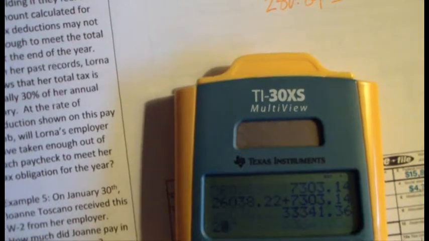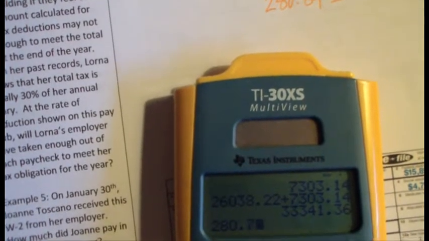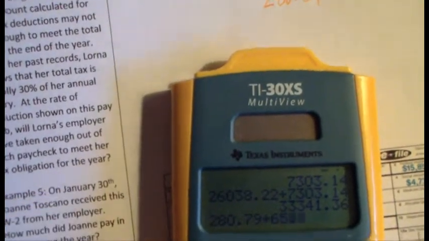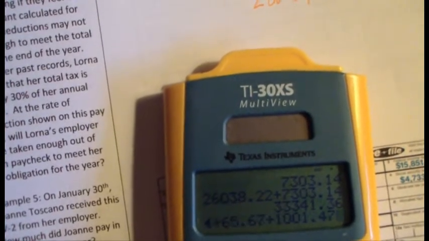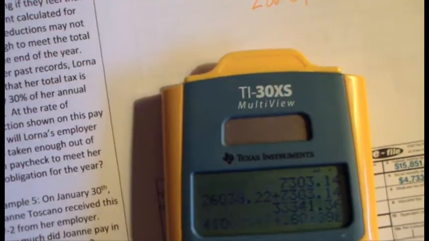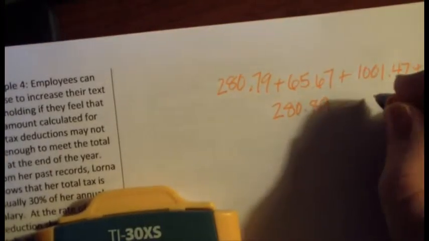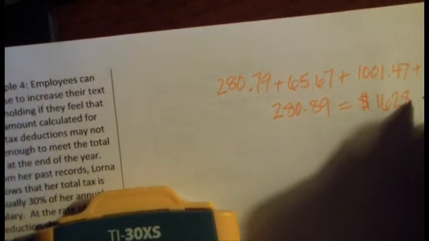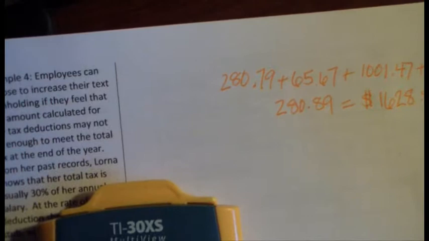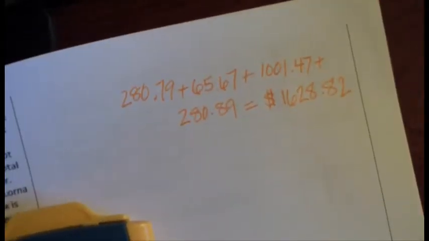So let's add up her total deductions. So we had $280.79 plus $65.67, $1,001.47, and $280.89. So if you add those all up, her total deductions is $1,628.82. All right, so now let's look at what her gross earnings were.